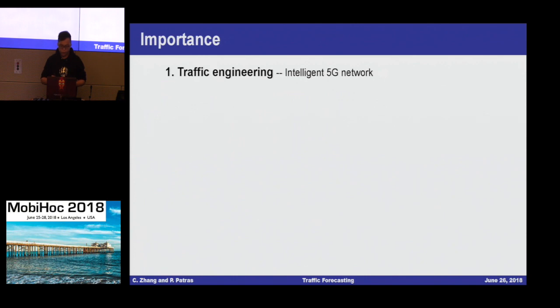This problem is becoming increasingly important because operators want to embed more intelligence into their networks to build a more intelligent network system. They want to do smart traffic engineering to improve user quality of experience.